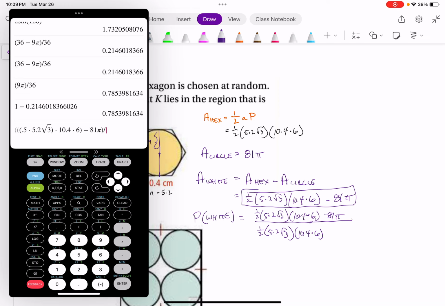And then we're going to divide then by 0.5 times 5.2 radical 3. And then times, I just need to make sure that my 10.4 times 6 doesn't end up underneath my radical when I type it in.